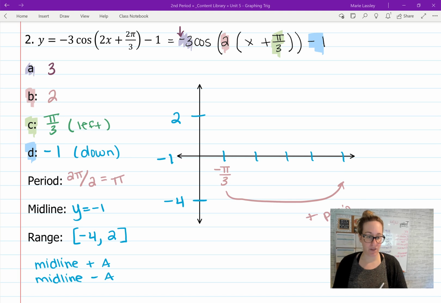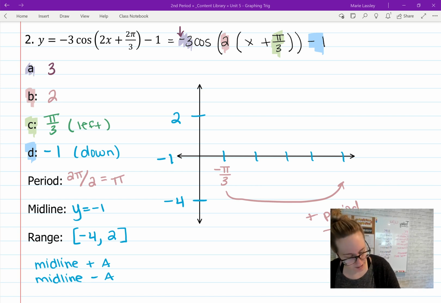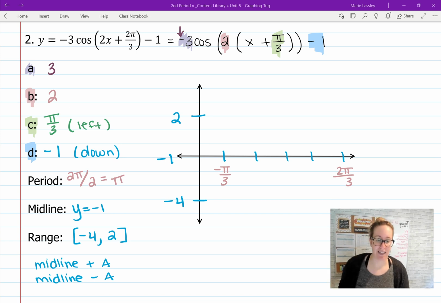So -1/3 plus pi, and you could use your calculator if you want to, but this one's not too bad to do by hand. Pi in thirds would be 3 over 3, so we have negative 1/3 plus 3 over 3, that's going to be positive 2/3. So this is going to be 2 pi over 3. We added our period of pi, and that gave us our last point.